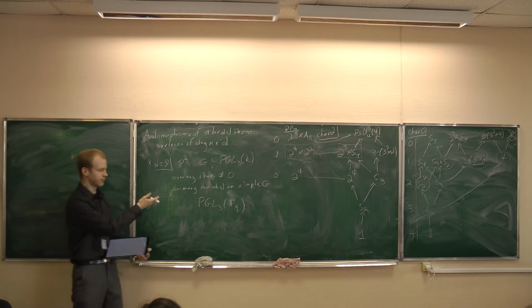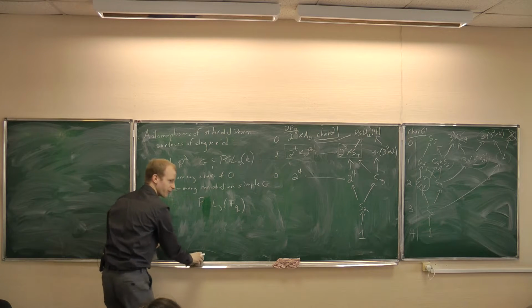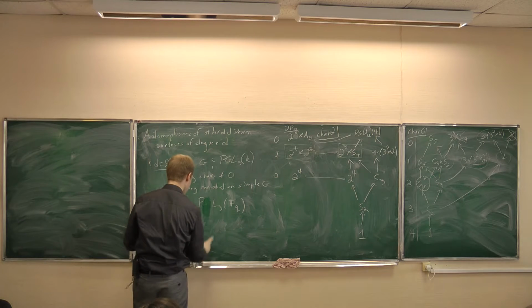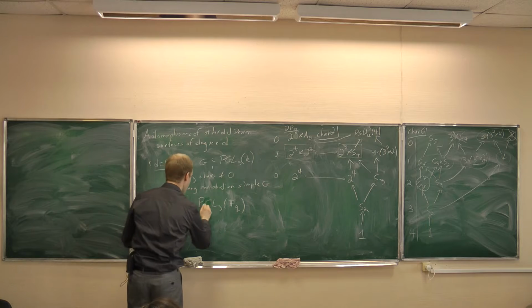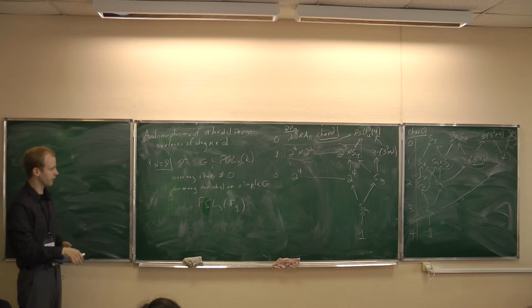So this is very bizarre. Sorry? Yes, if you want them to be simple, you want it to be PSL2. And they're all embedded in PGL3, and they all act on P2, embedded in the obvious way.